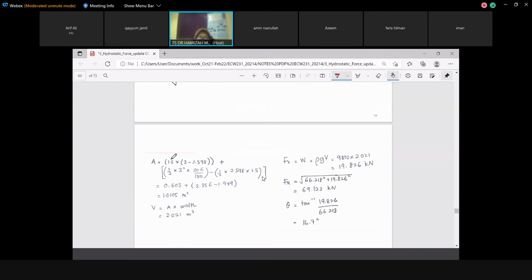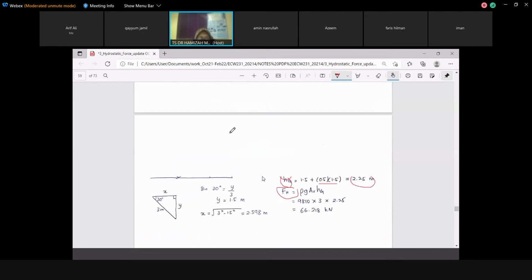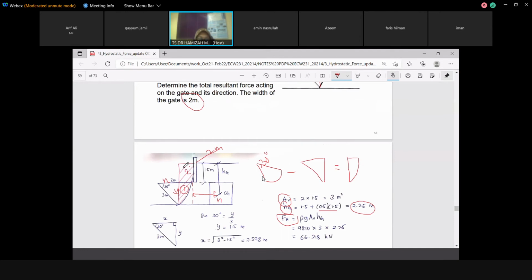So this is the luas yang atas. Ini adalah luas rectangle. Kita ada rectangle kan, bagi atas ni number 2. So rectangle ialah 1.5 darab dengan nilai kat sini.